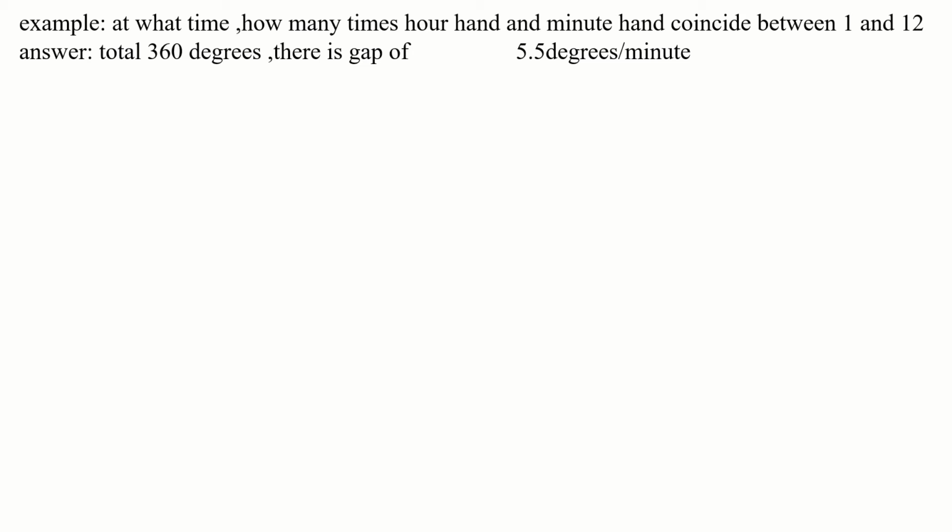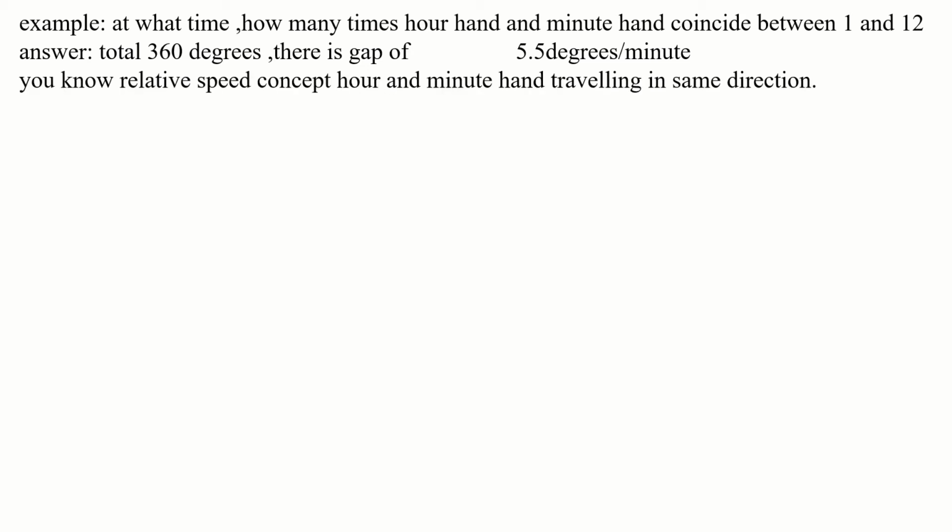Here also the two hands rotate with different speeds. When will they meet? Simply total distance by speed. Here the distance is 360 degrees. The speed is 5.5 degrees per minute. So for every 65 5/11 minutes, they will meet. Remember, 360 degrees is the distance, 5.5 degrees per minute is the speed.